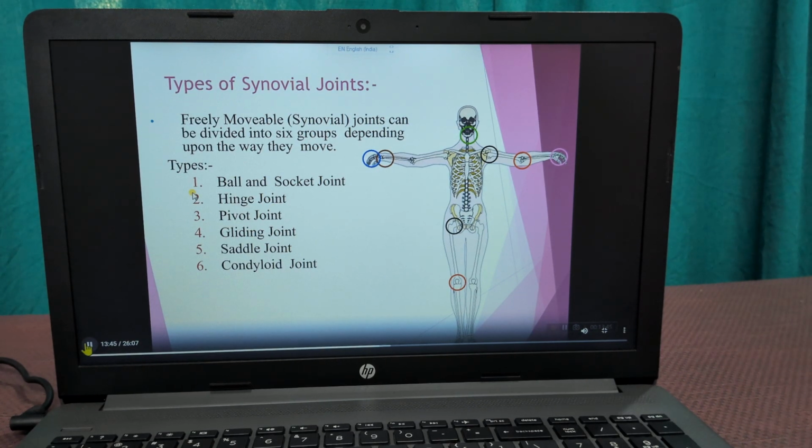First is the ball and socket joint. Second is the hinge joint. Third is the pivot joint. Fourth is the gliding joint. Then the saddle joint and the condyloid joint. You can see these representations of the joints in the diagram.